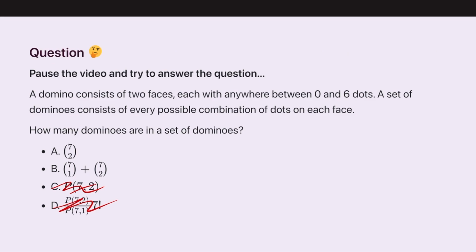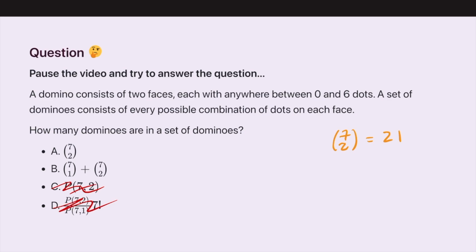Now, that's not necessarily a bad intuition to have, and we can see if we do 7 choose 2, we get 7 times 6, we'll get 21 as our answer.